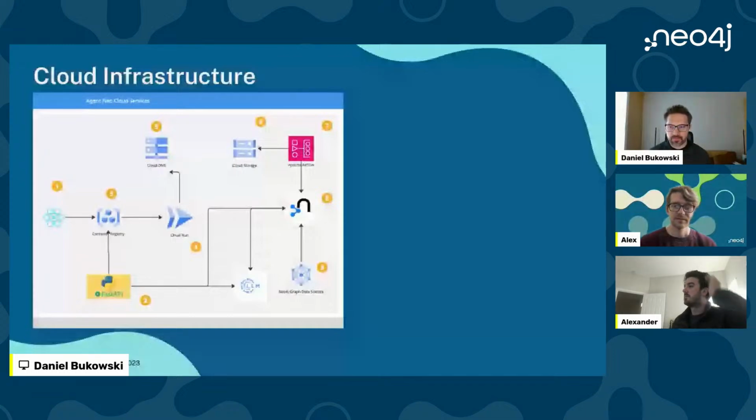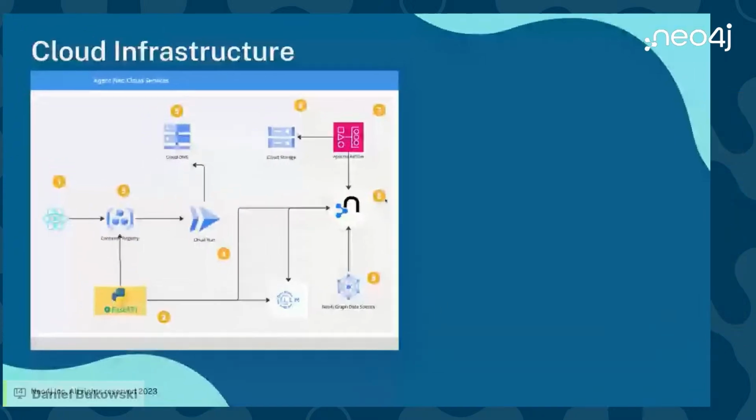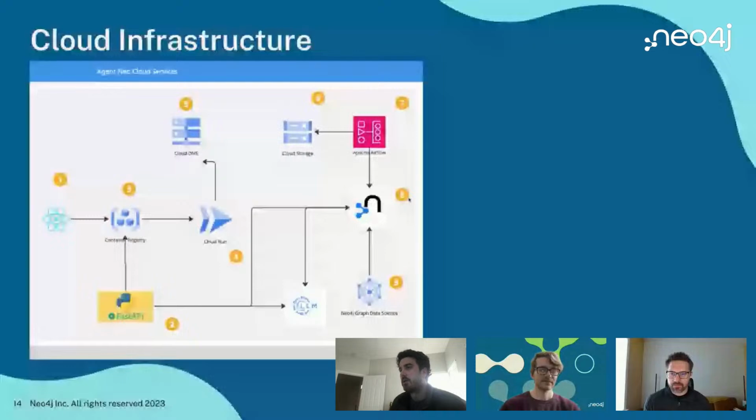Yeah, and I can talk about this slide. So like Alex said, we made the decision to migrate from Streamlit to more of a React front end and a FastAPI backend. So we basically decoupled our Streamlit application and then migrated it over to those two technologies.